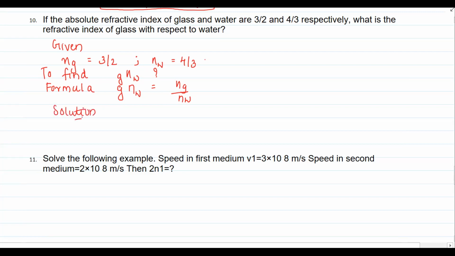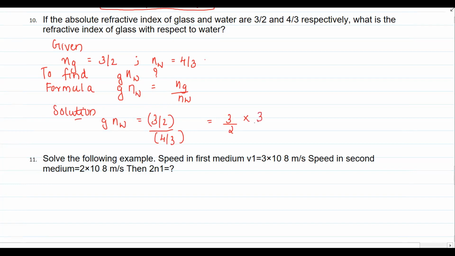Values are given. This is direct question, so we can substitute in the formula. That is Ng. Ng is 3 upon 2, divided by 4 upon 3. So instead of division, take the reciprocal and multiply.